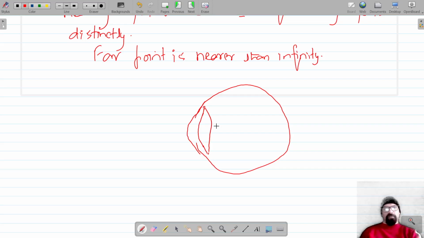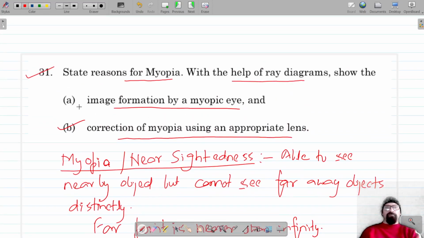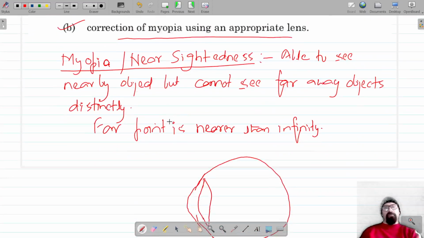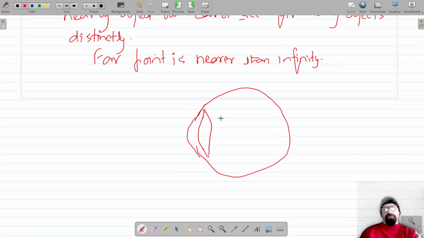In the question, we have to show the image formation by a myopic eye, so I'm going to draw that. As I told you, the far point is nearer than infinity, so let there be rays of light coming from infinity.